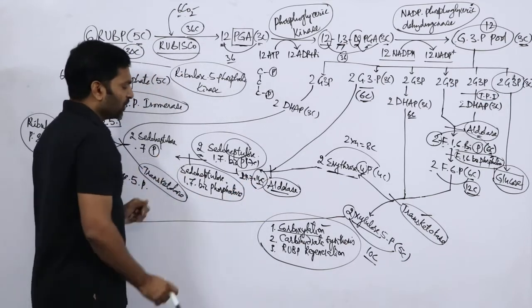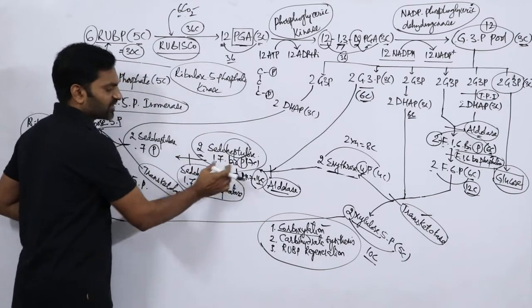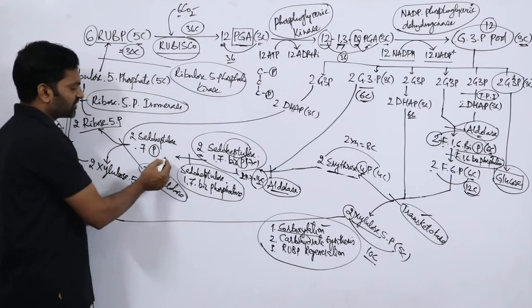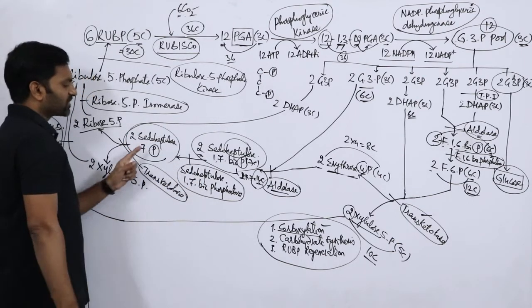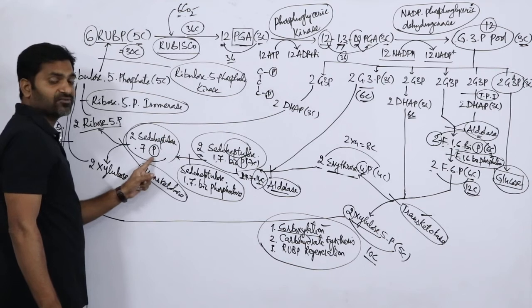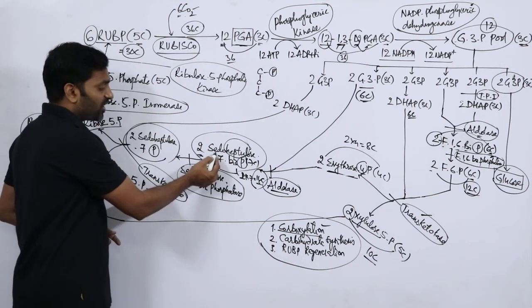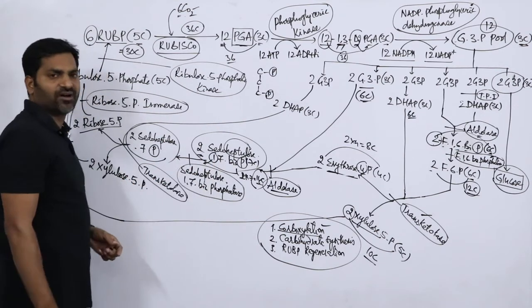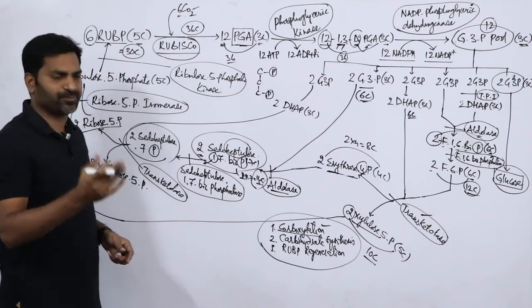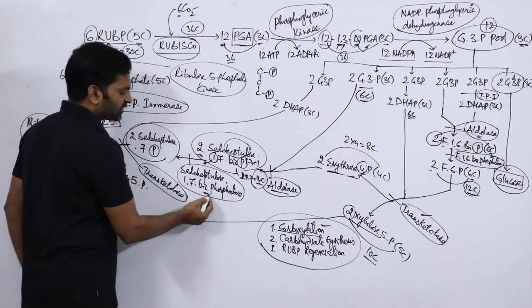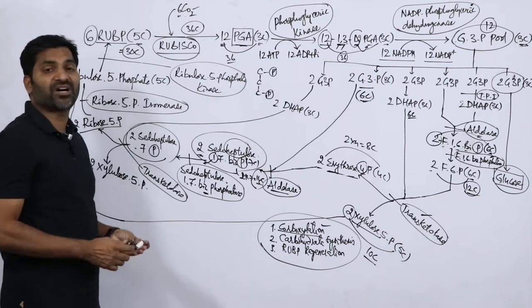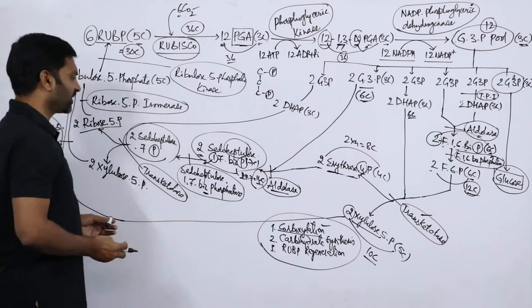Clear? Now, 2 molecules of pseudoheptulose 1,7 bisphosphate are again converted into 2 molecules of pseudoheptulose 7-phosphate. This means phosphate is removed from the first carbon of pseudoheptulose 1,7 bisphosphate. So it happens in the presence of pseudoheptulose 1,7 bisphosphatase. Clear?